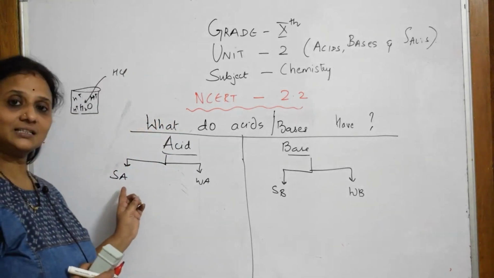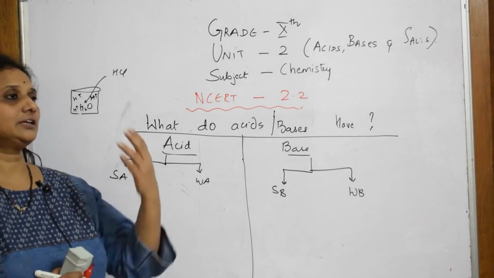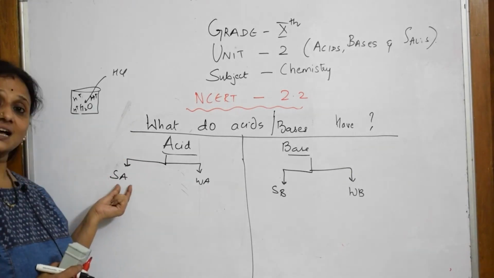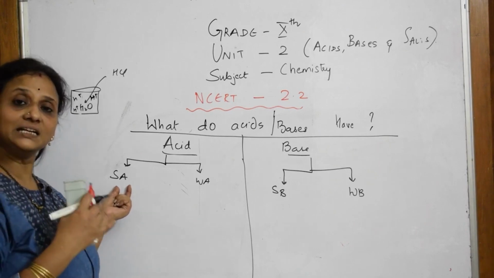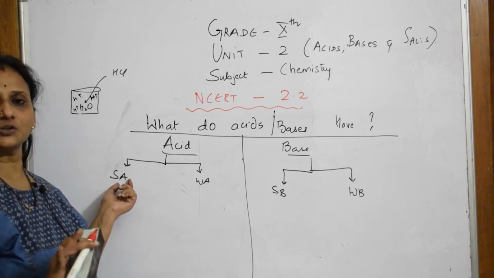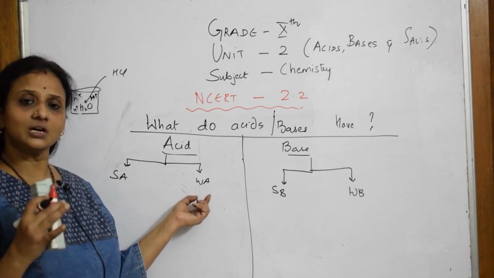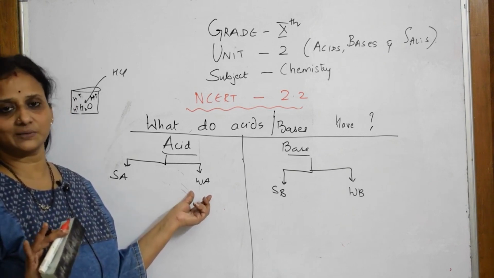We said initially that they ionize into H plus ions. Strong acids are those which completely ionize or dissociate into H plus ions. Weak acids are those which do not completely dissociate into H plus ions.